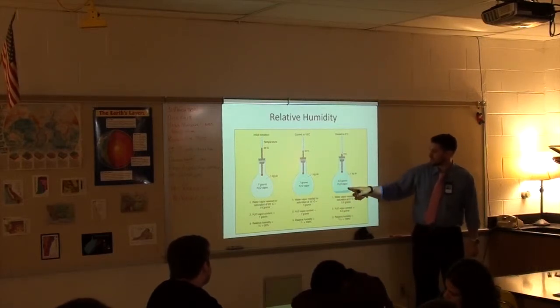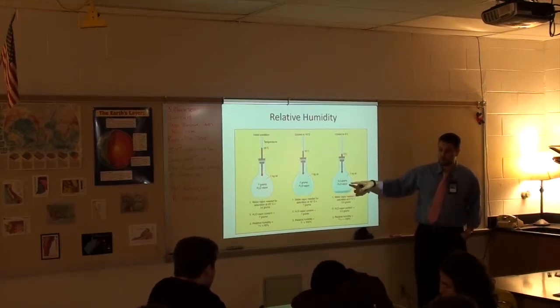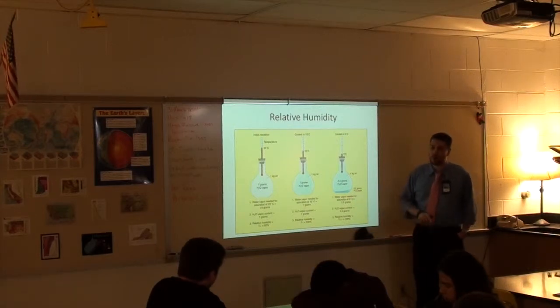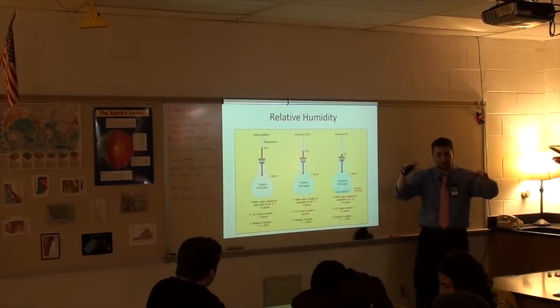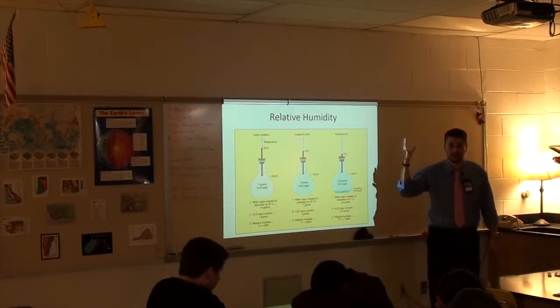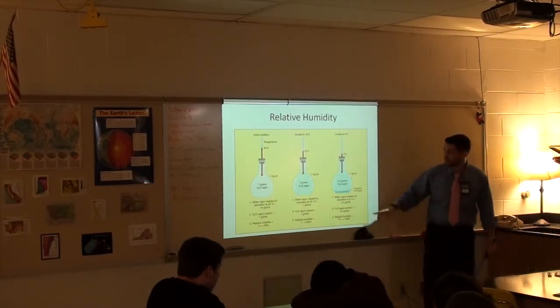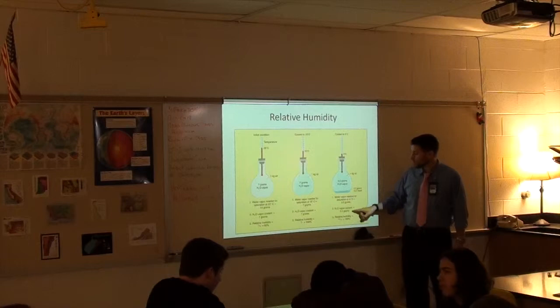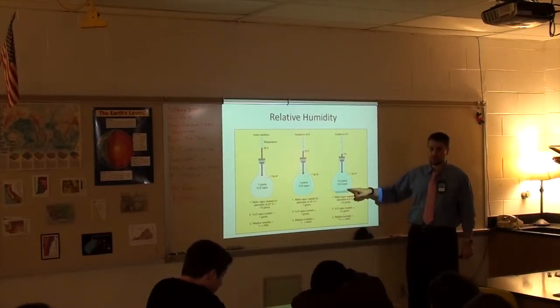The air stays the same, but I have 3.5 grams of water vapor and 3.5 grams of liquid water. Why? Because the air couldn't hold the water anymore because it got colder. And the water, what does it do when it goes from vapor to a liquid? It condenses. And our relative humidity is still 100%, but now I've got some liquid water.